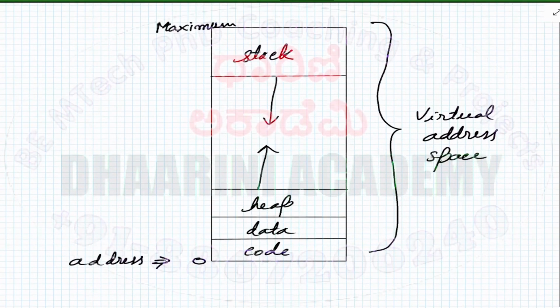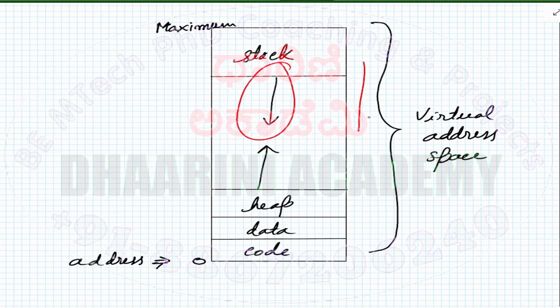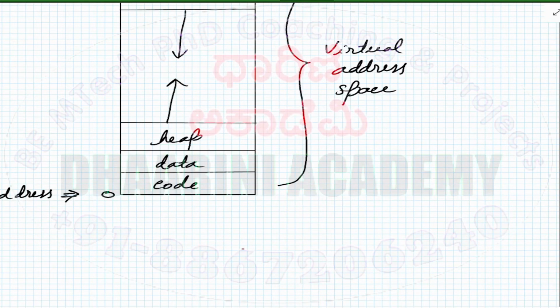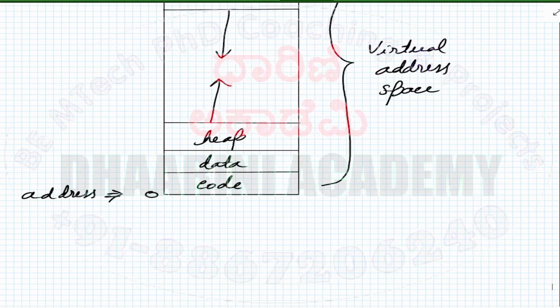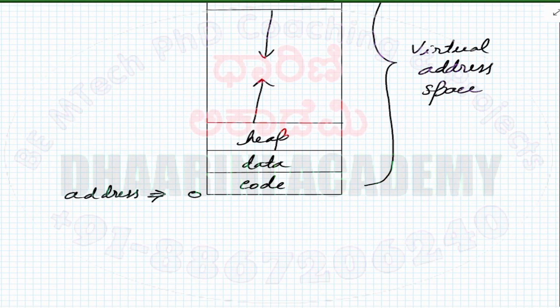One is the stack. The arrow mark shown from top to bottom shows that the stack will move downwards as you fill data to the stack. At the same time there is another memory block called the heap memory, and it is shown here that the heap memory grows upwards. We can see there is an arrow mark for the heap.